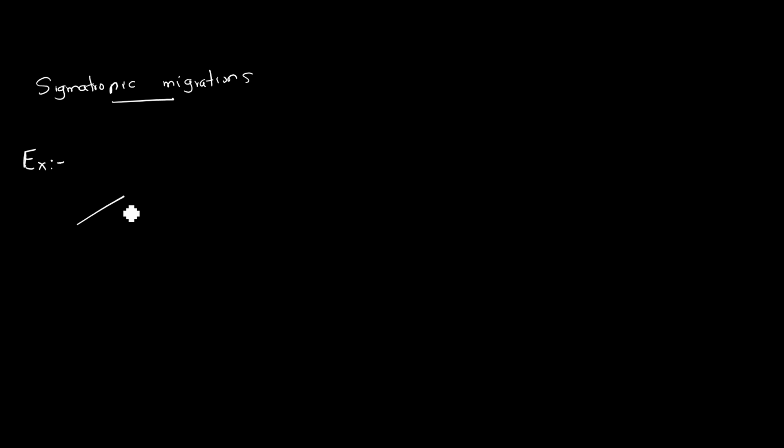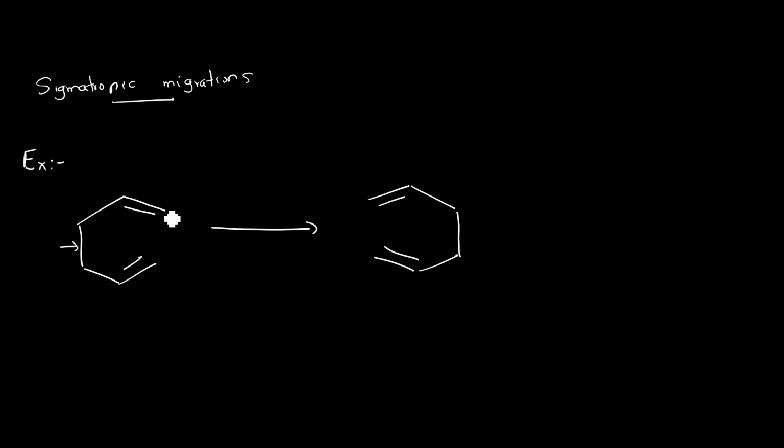Now let's take this structure. This structure is going to change from this specific form to this specific form. Now you may think that we have just rotated this structure to obtain this, but no. What we have done here is break this bond and form a new bond here while shifting the pi bonds to this place.